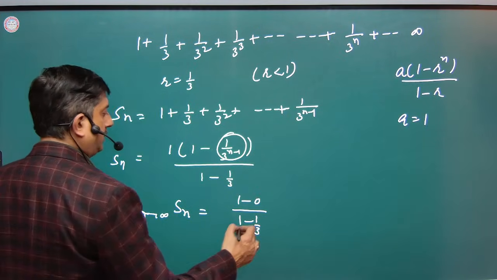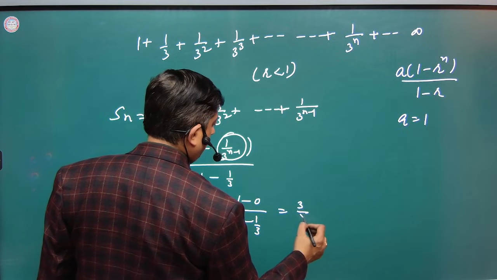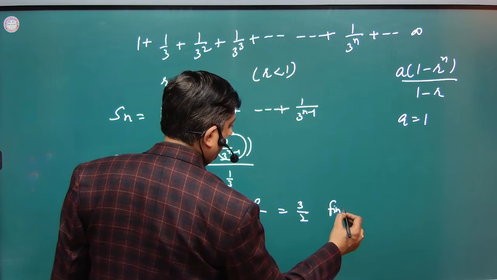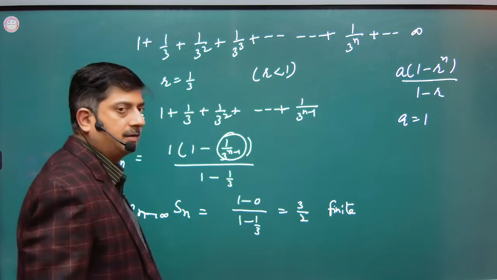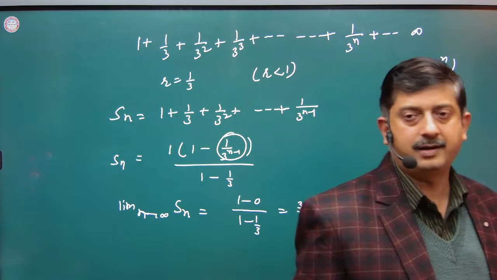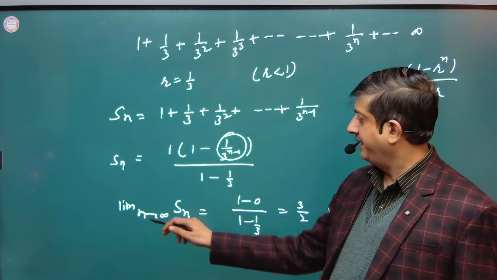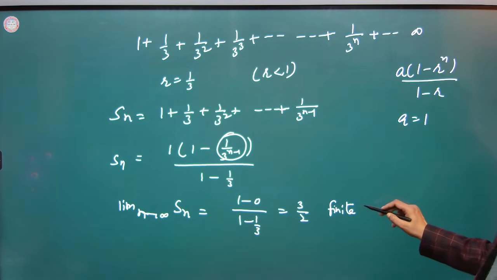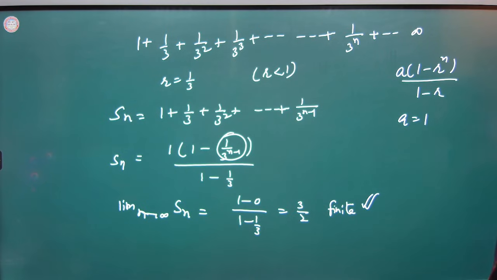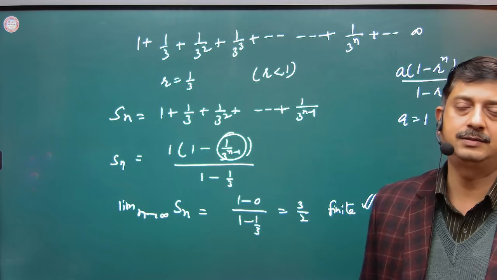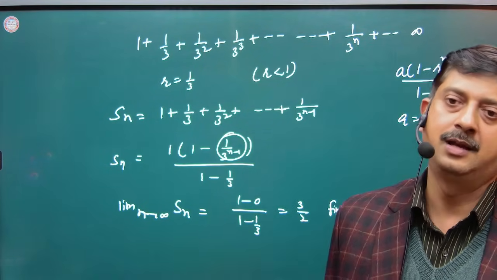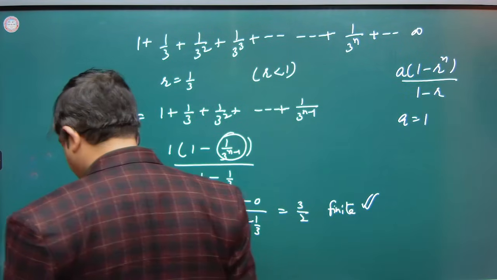It is 2 by 3, so the value is 3 by 2, which is finite. It means the limit n tends to infinity of Sn is finite, and because it is a finite value, that's why this geometric series is convergent.